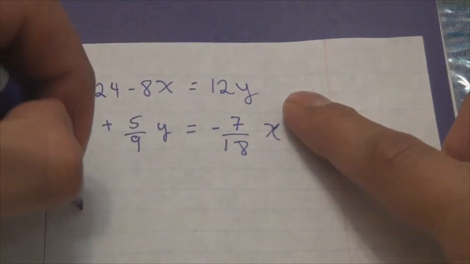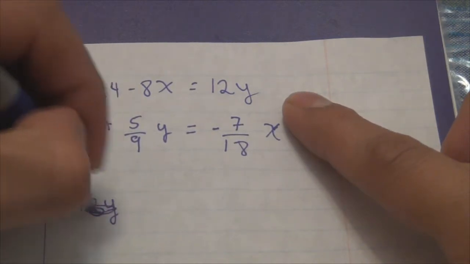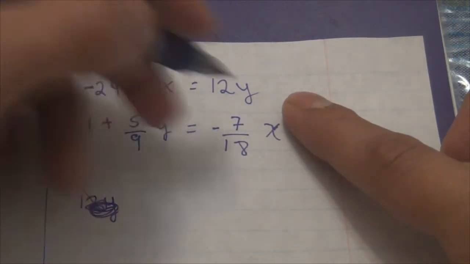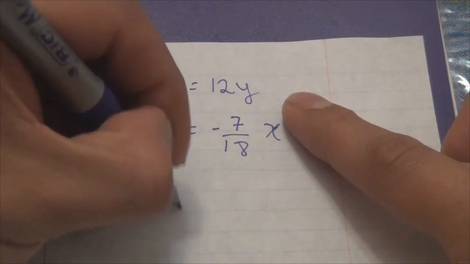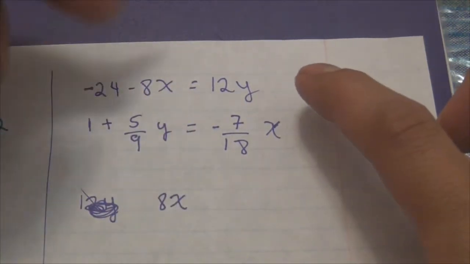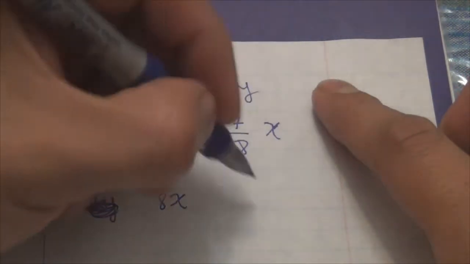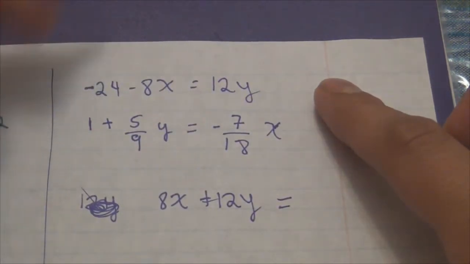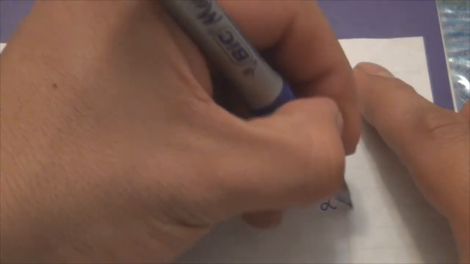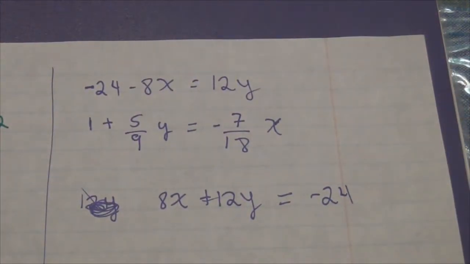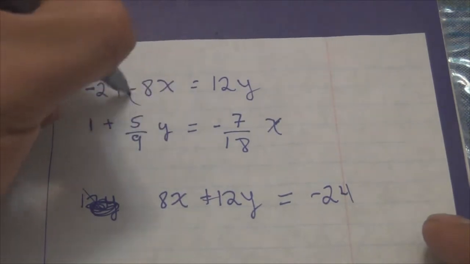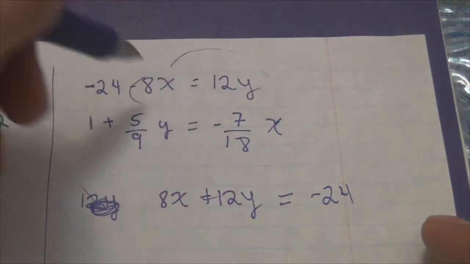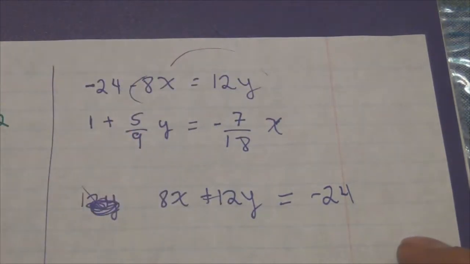So I would get 8x plus 12y equaling, I did not do anything to this negative 24, so negative 24. All I did was move this over here to the other side, and I put them in order, x first and then y.